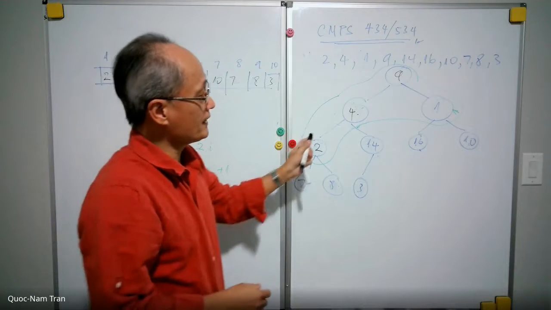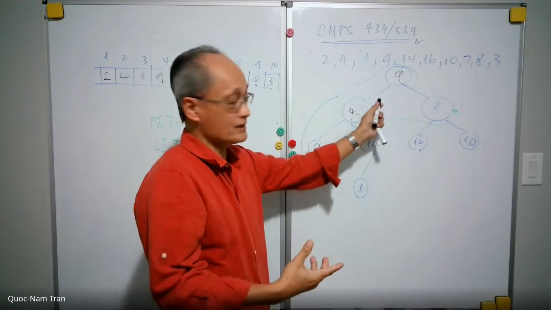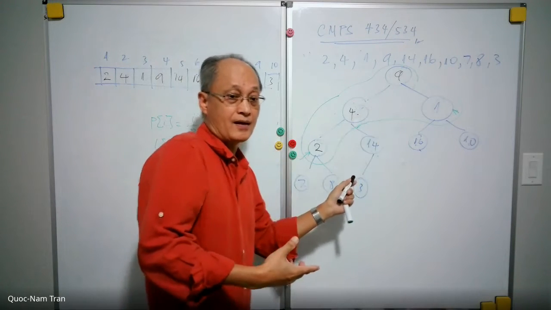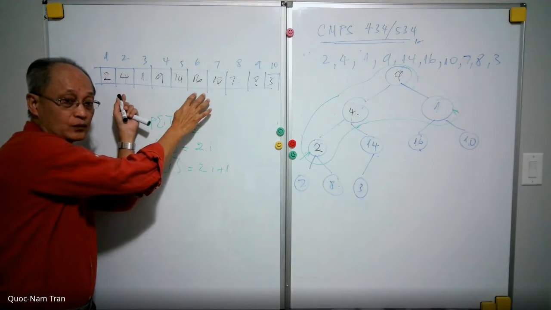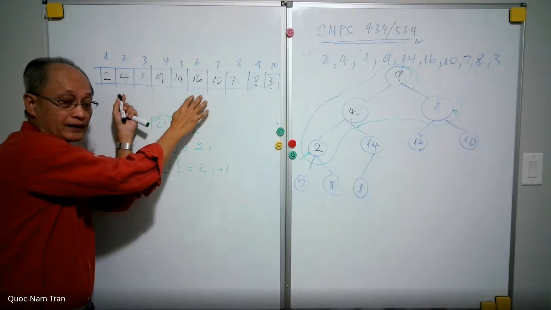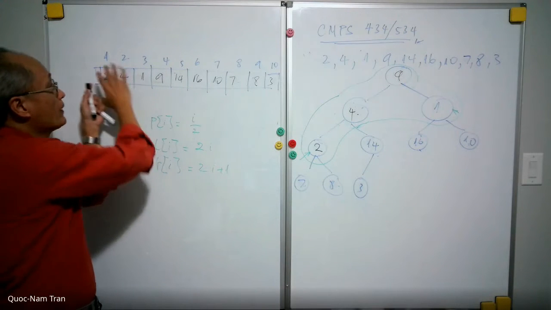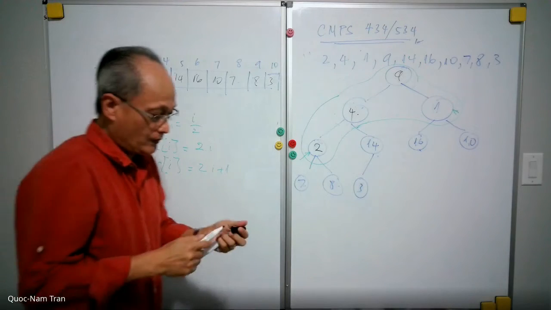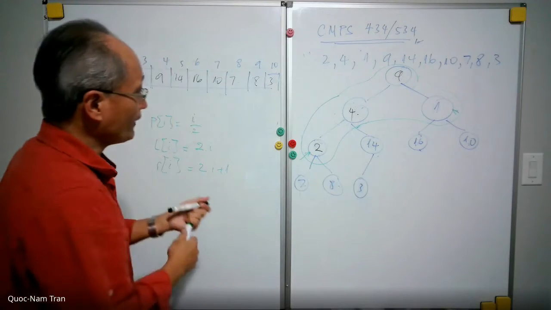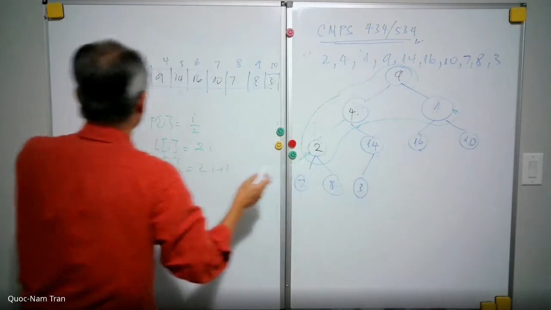How can we translate the idea of working on this tree with the actual data structure we use for our algorithm? Namely, we have here an array. So what we will do is that, similarly here, right?